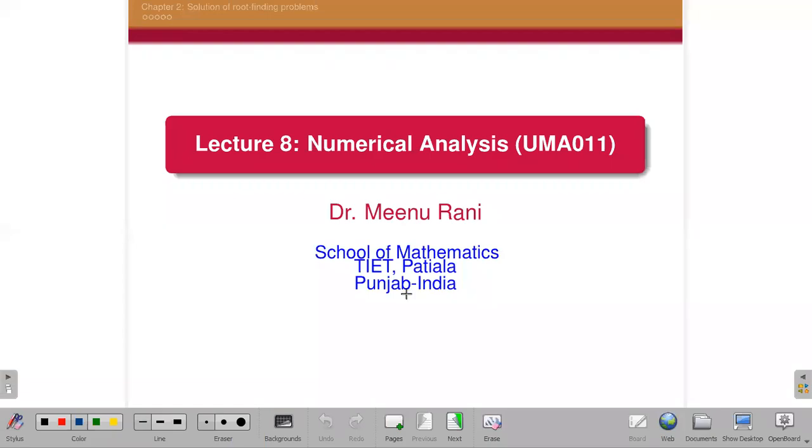So in the previous lecture, we discussed some basics of fixed point iterations, and we discussed the procedure also.